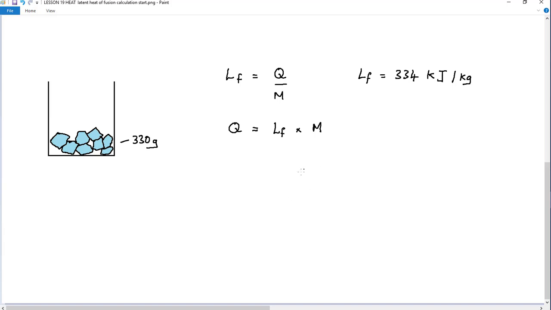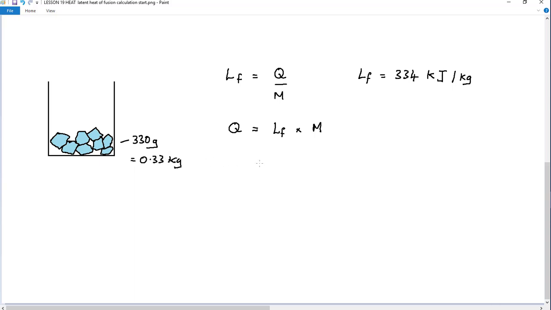The first thing we've got to be careful with here, and this quite often happens in exam questions, is that the units are mixed deliberately to try and put you off. We've got grams here and kilograms here, so we've got to make this consistent. We need to change this figure to kilograms, and to do that we divide by 1,000, which gives us 0.33 kilograms.